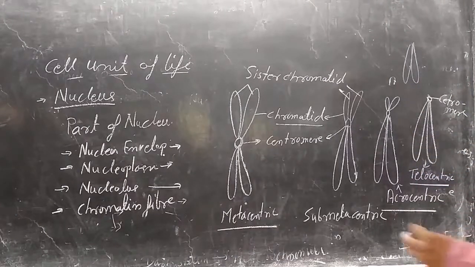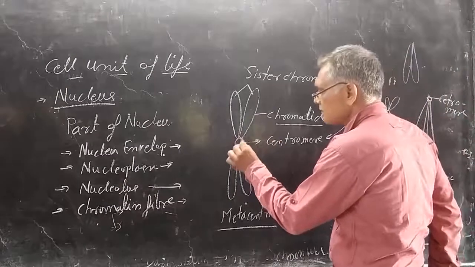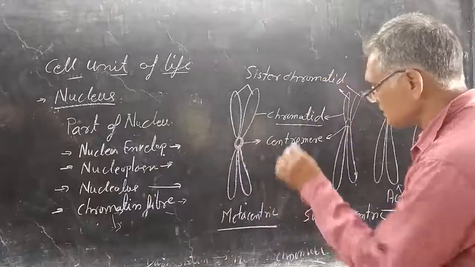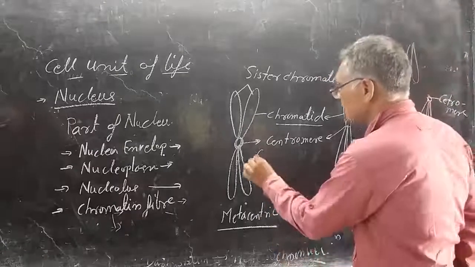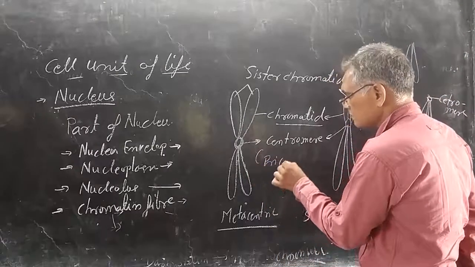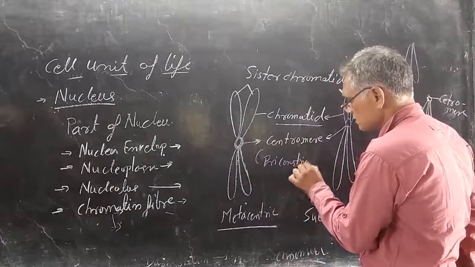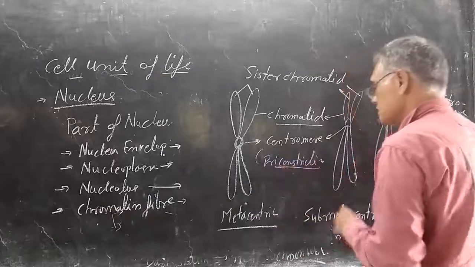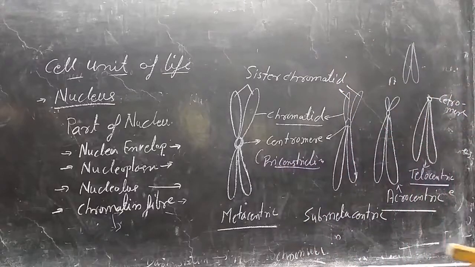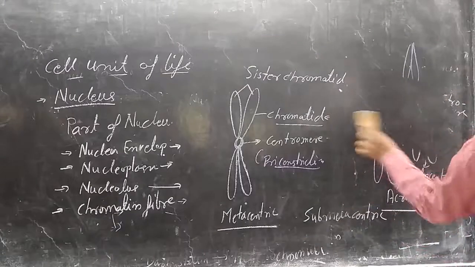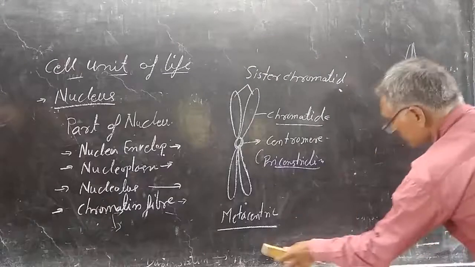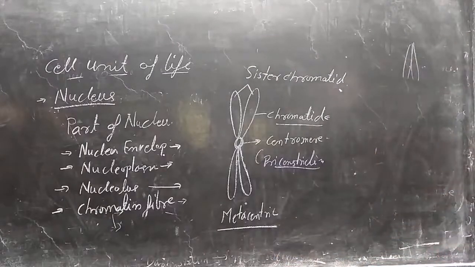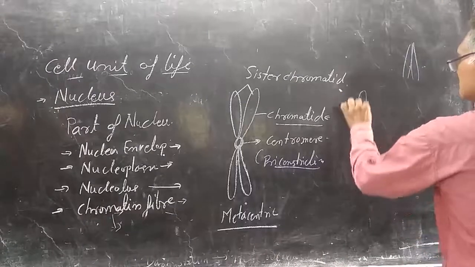This is the portion where both the branches are joined together. This is also known as the primary constriction. Sometimes one more constriction is present in the chromosomes, not in all chromosomes, like this.